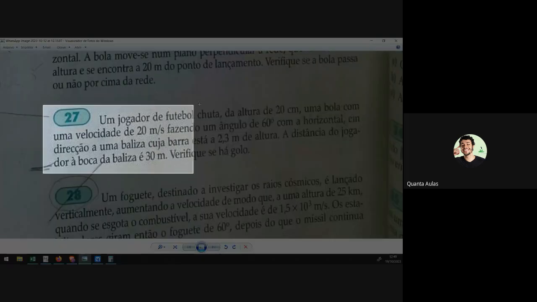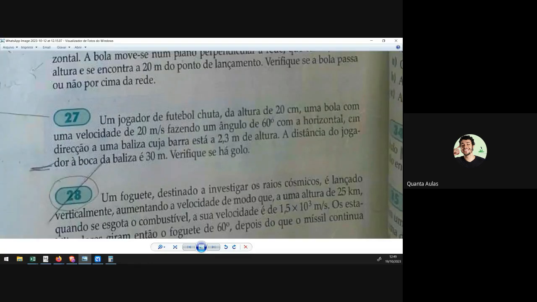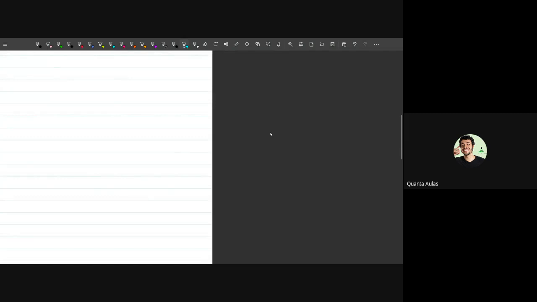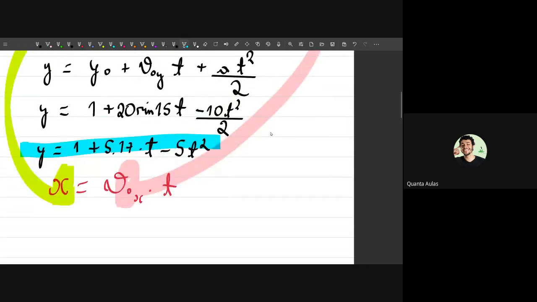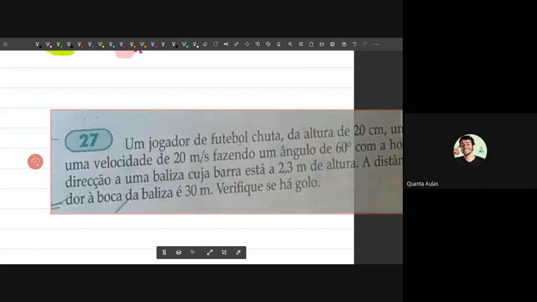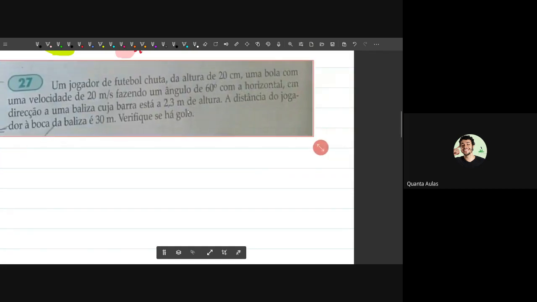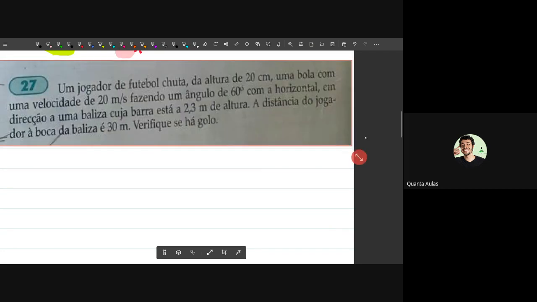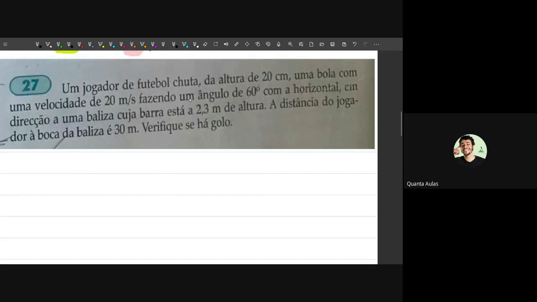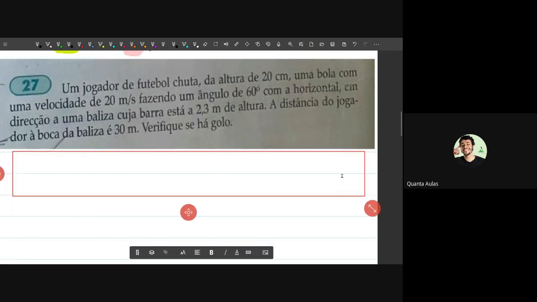I will translate this, and if you have a problem with my translation, you can put this in Google Translate. But I will write this. Just a second, because my English is not the best, you know?